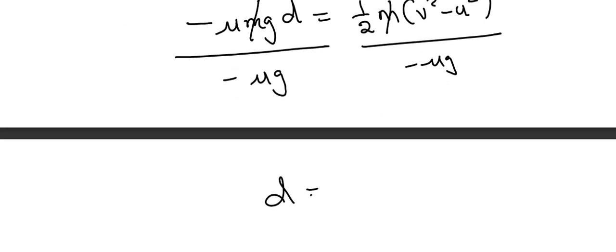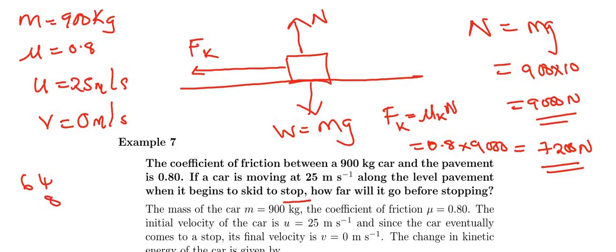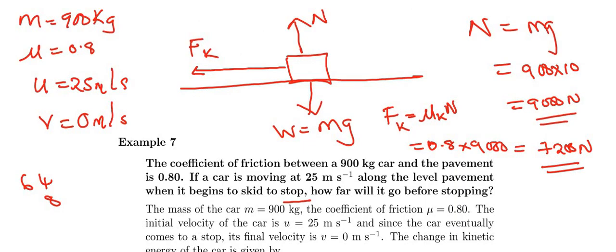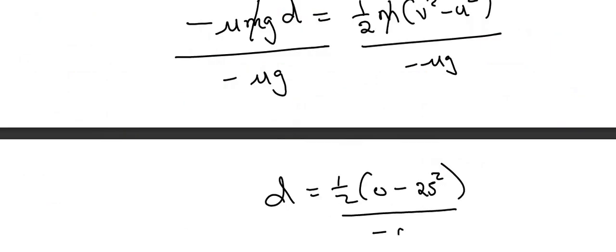So the distance will be: there's a half, the final velocity is 0, and we are coming from a velocity of 25. So this is 25 squared, over negative mu, which is 0.8, and g, which I'm using as 10.